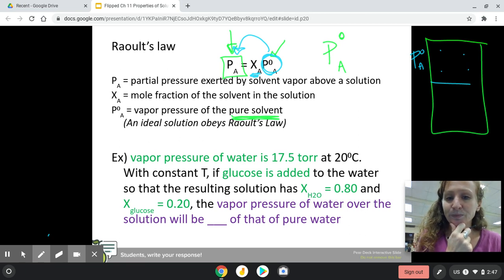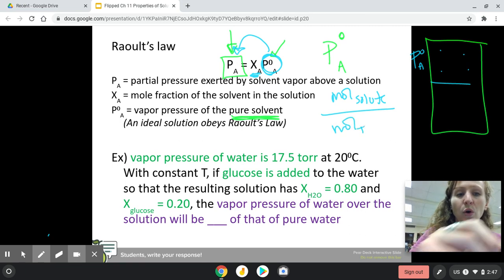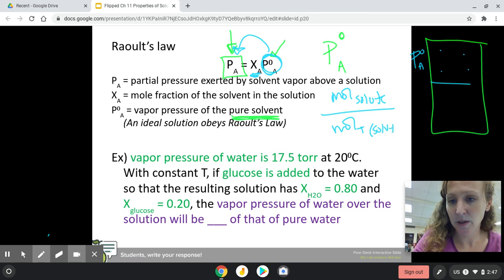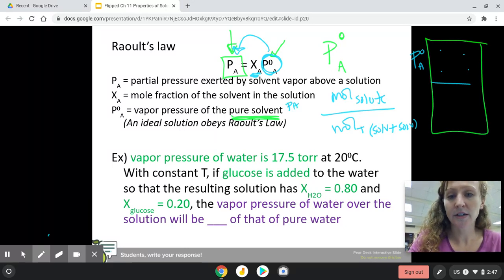So if you have a mole fraction of the solvent, remember it's the moles of your solute over moles total. So moles total is going to be solvent plus solute together. So what we're dealing with here in the mole fraction is a part out of a whole, right?